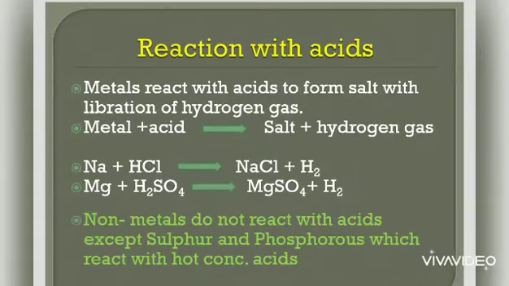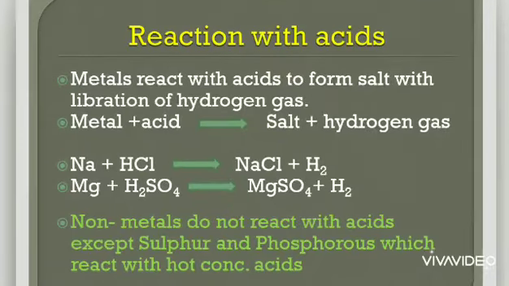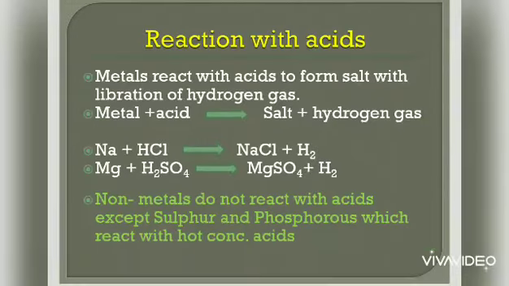The other example is sulfuric acid, which reacts with magnesium metal and forms magnesium sulfate salt and releases hydrogen gas. If we talk about non-metals, they do not react with acids, but there are a few exceptions like sulfur and phosphorus, which react with hot concentrated acids.